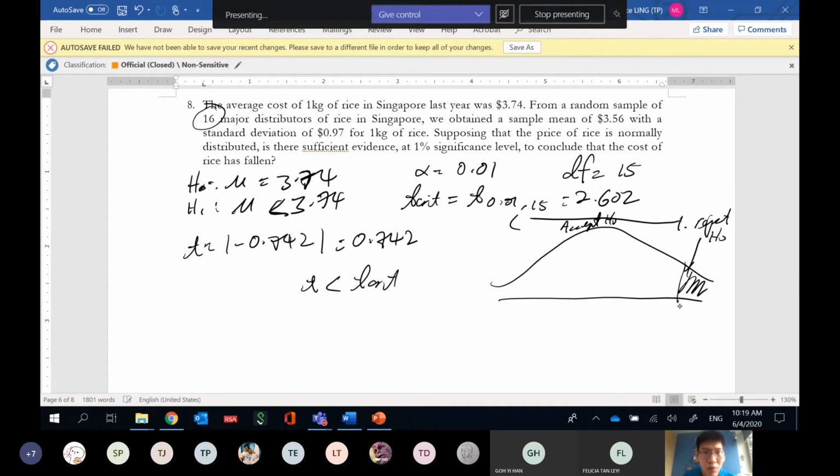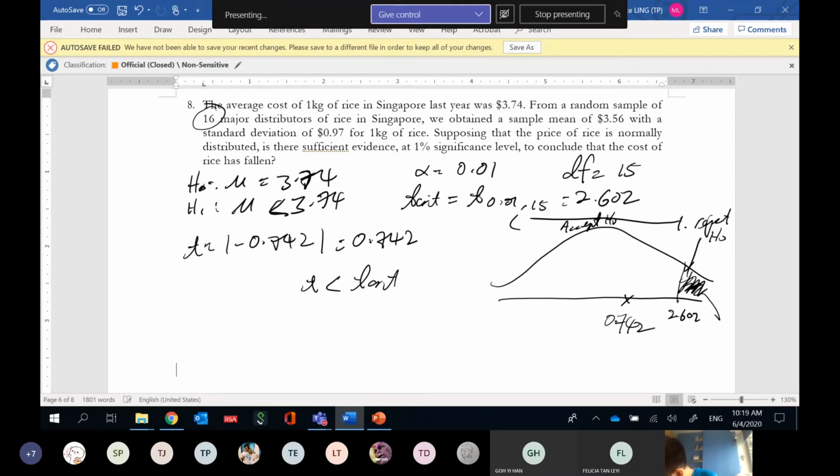At this point, this is 2.602, but you are somewhere here. So you accept the null hypothesis. If you do not know, you can draw it out. So your 0.742 is within the acceptance range.